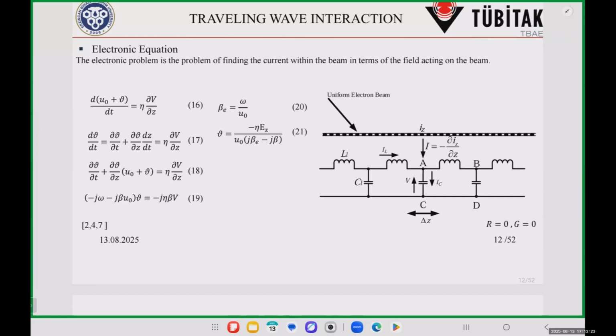Another question is, if the electron beam is not close to the helix, does it affect its output power? Can you repeat, please?